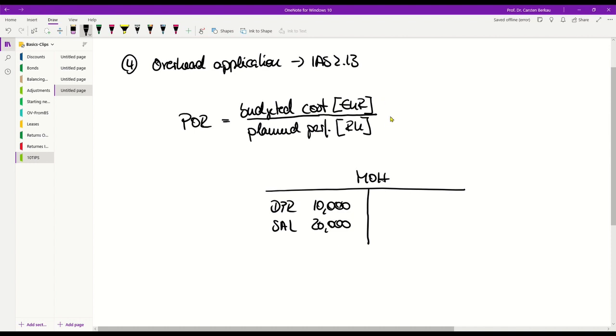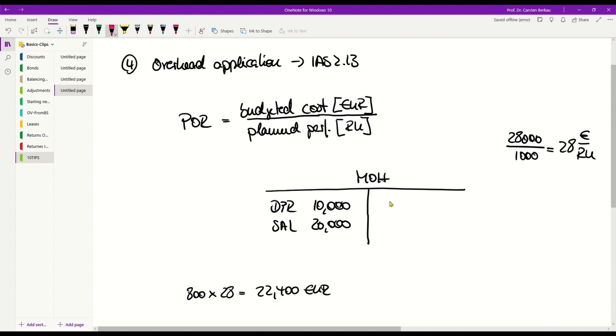And you now have a calculation for the predetermined overhead allocation rate, which is, for example, 28,000 based on 1,000. So that would give me 28 euros per reference unit. The reference unit's number is, for example, 800. In this case, you calculate 800 multiplied with the 28, which gives you 22,400.